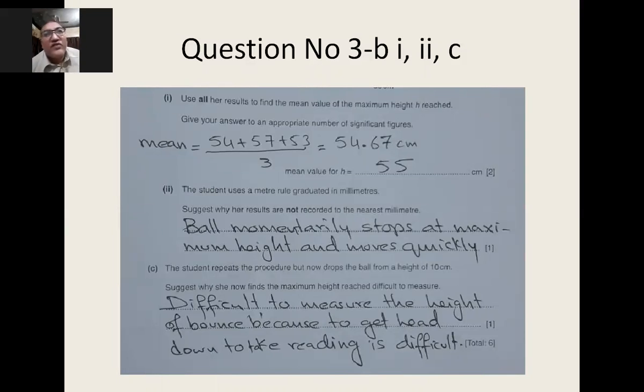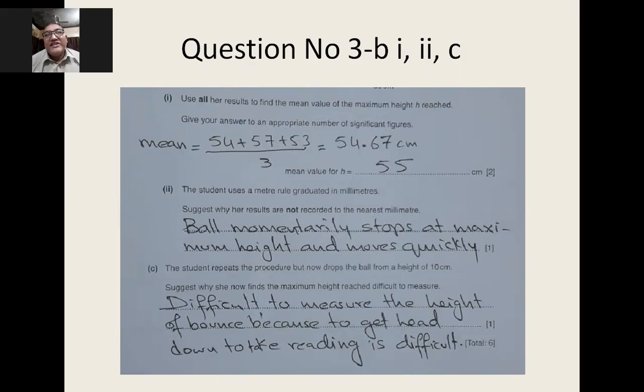So it is very difficult to measure the height accurately in millimeters, because the ball is moving, it's not near the meter rule, it's a little away from the meter rule, and there is a gap between the meter rule and the ball.